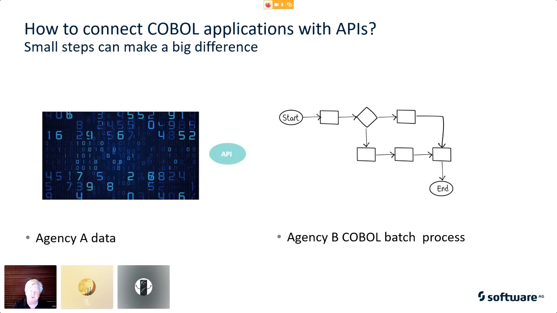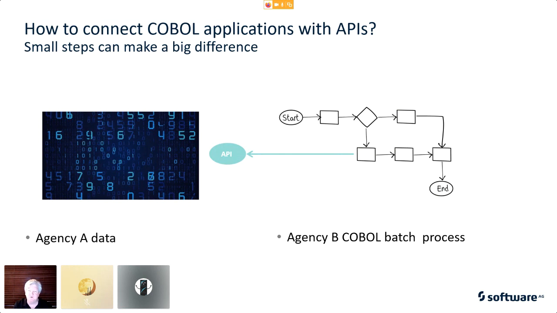So a very enterprising programmer in Agency B took their COBOL batch process, which was unemployment claims processing. They said, hey, I can utilize that API in my process. So according to the state's rules, if someone was in jail, they were not eligible for unemployment checks.